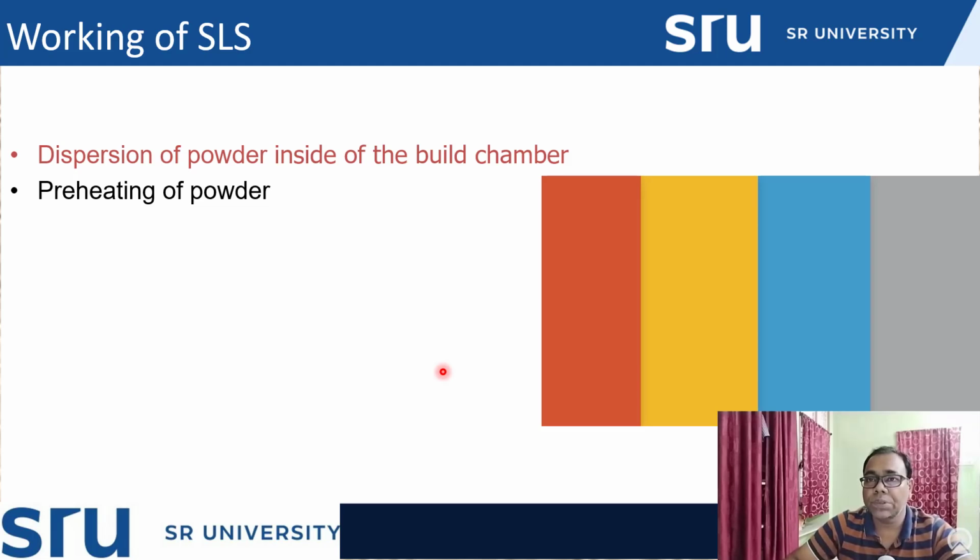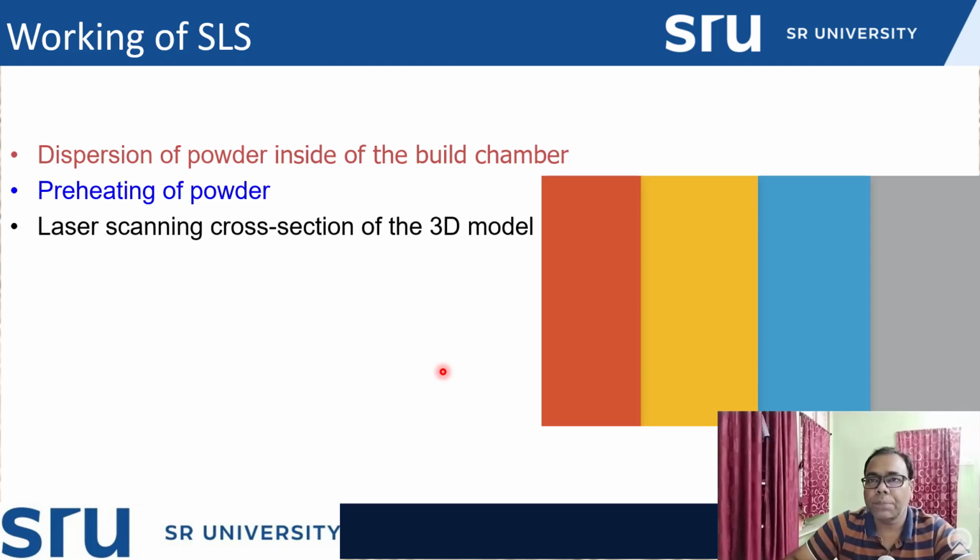Similarly, some of the powder may have moisture content, which has to be removed, so that during actual printing, whatever heat energy is supplied will be uniformly distributed to each powder particle. Each powder particle will start partial melting, and fusion will take place for all those particles.